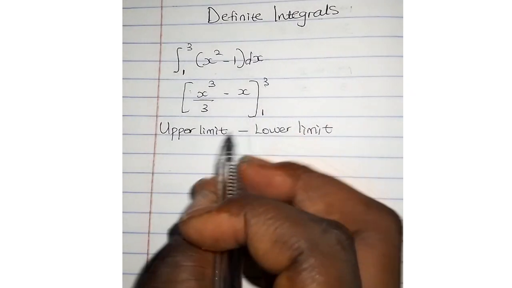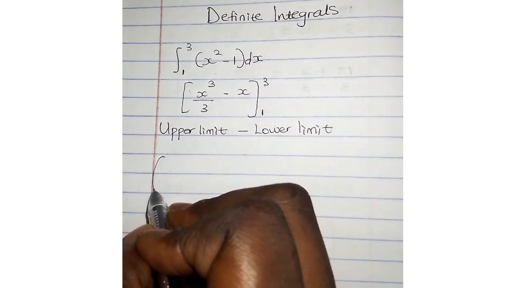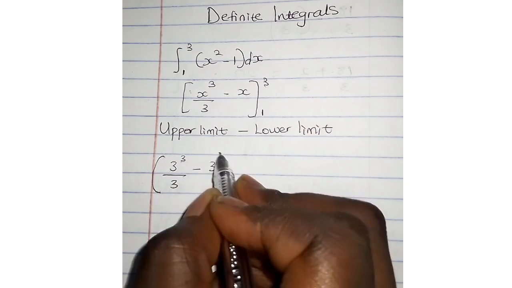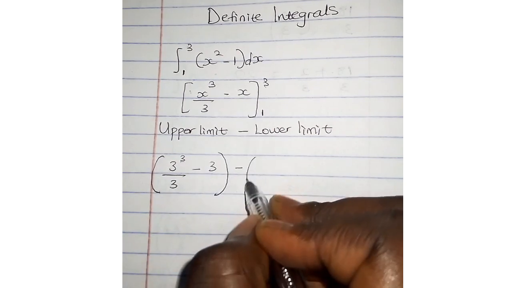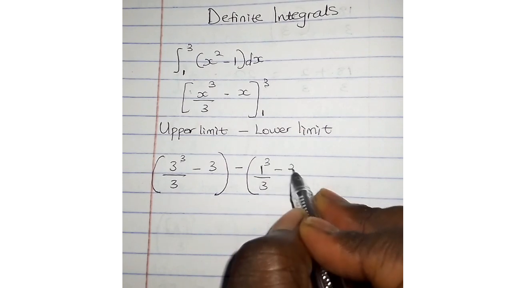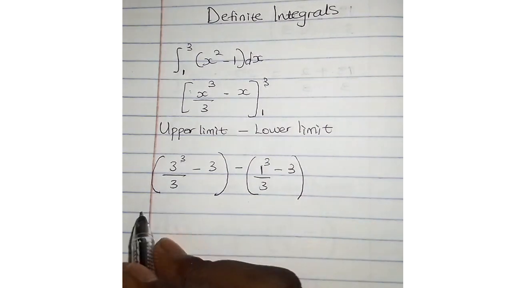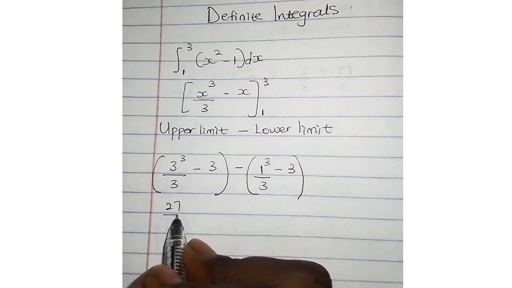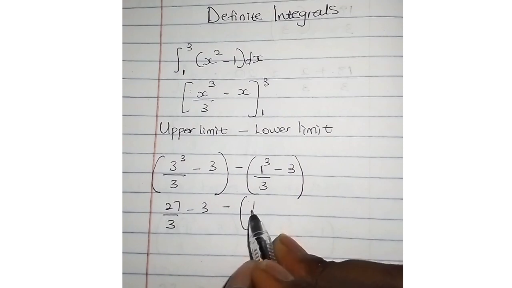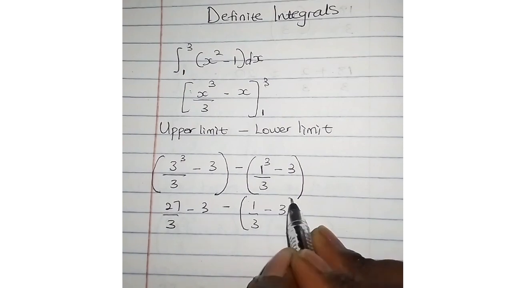Starting with the upper limit, we have 3 cubed all over 3 minus 3, subtracting 1 cubed all over 3 minus 1. So here we have 27 over 3 minus 3, subtracting 1 over 3 minus 1.